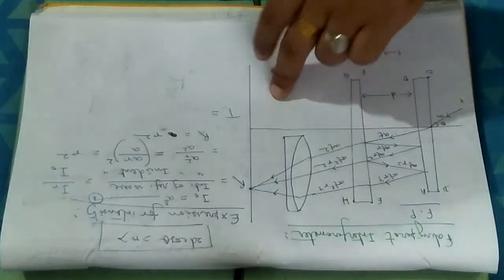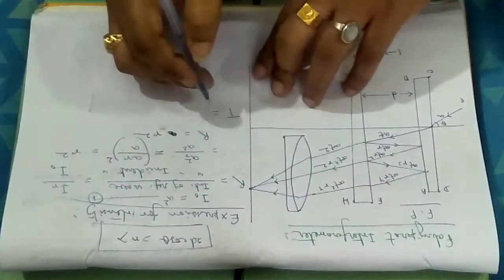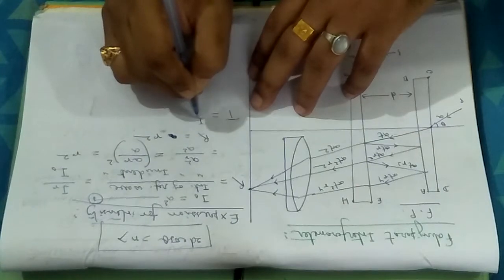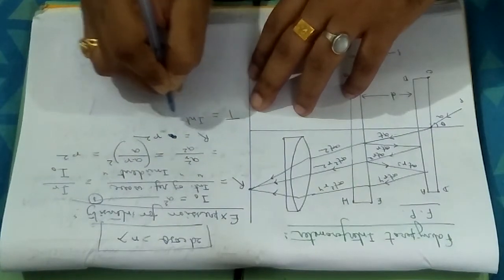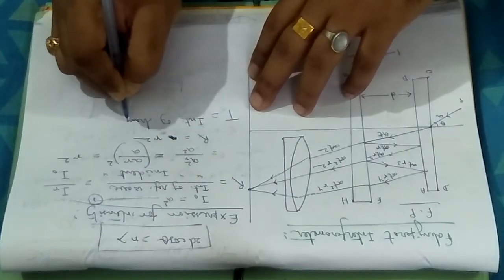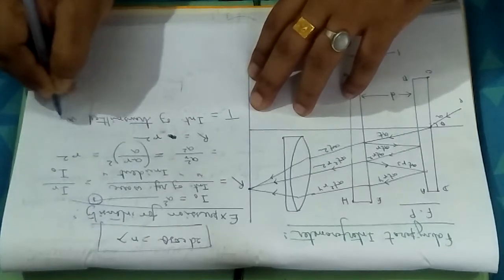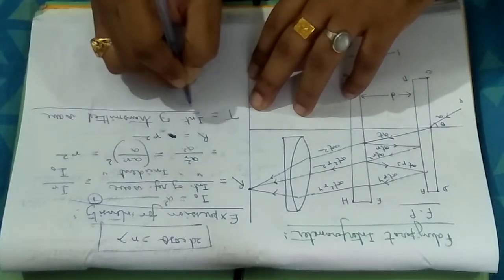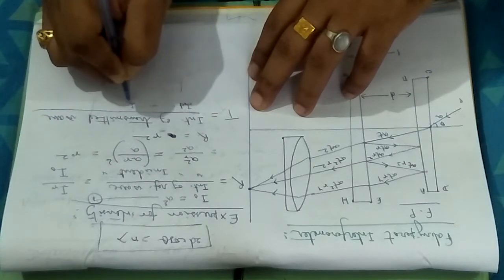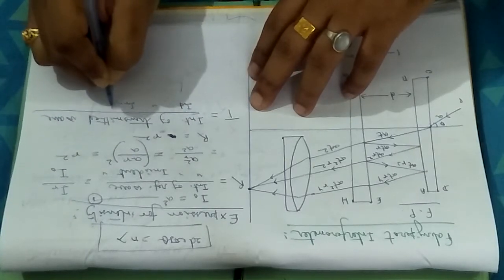The transmission coefficient T can be written as the intensity of the transmitted wave divided by the intensity of the incident wave.